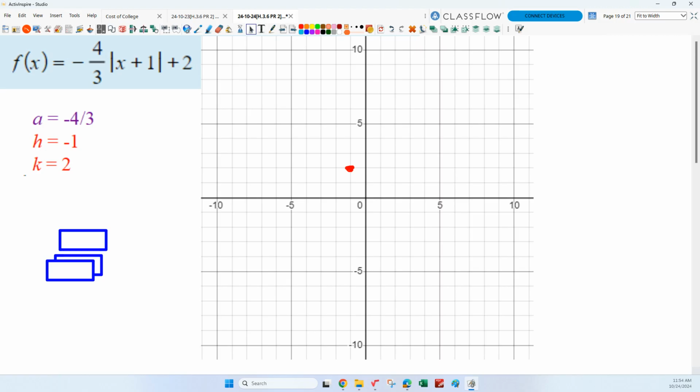Okay, but to have a height of 3, how far over would I have to go from the vertex? On my parent graph. Like, think about the absolute value graph. It just looks like this, doesn't it? How far to get a height of 3, how far over do I have to go? 3, right? So over 3, up 3.